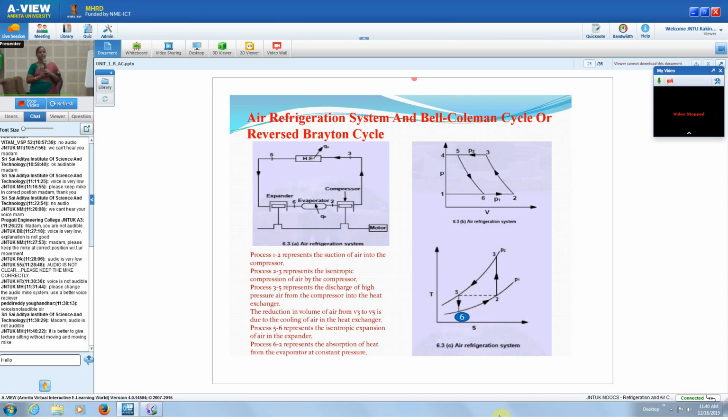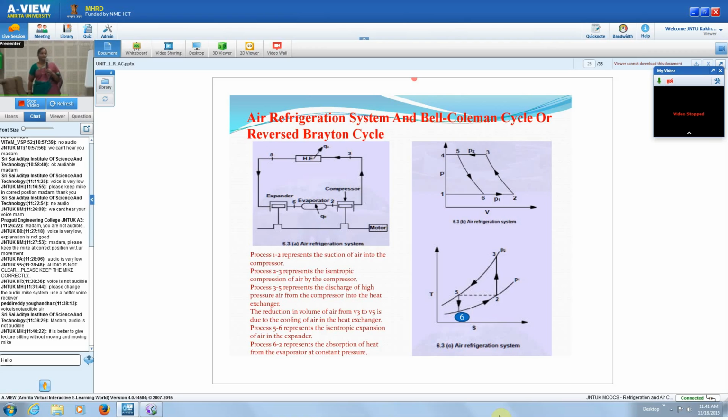Point 6 is where the refrigerant is at low pressure and temperature, so it goes into the evaporator to be refrigerated. 6 to 2 is the heat abstraction process, the cooling effect produced in the refrigerator by taking heat from it.